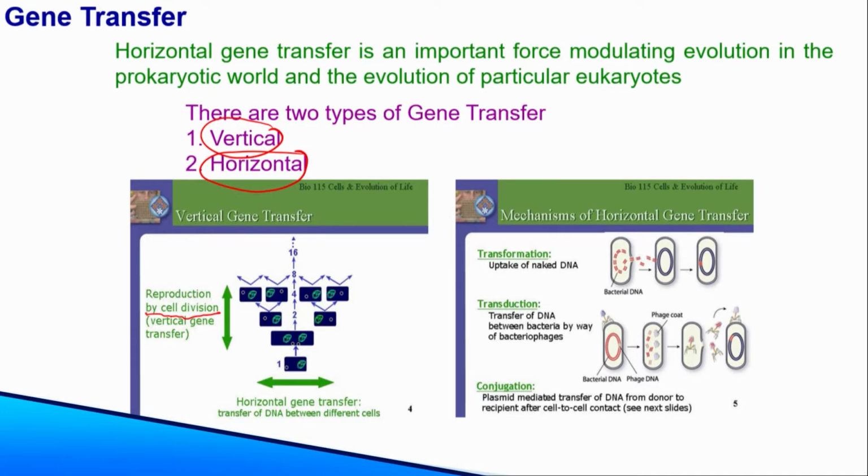But in horizontal gene transfer, there are transformations, transductions and conjugations, and this is an important force modulating evolution in the prokaryotic as well as the eukaryotic world. So, that means these cells are continuously exposed to different types of chemicals or chemical signalings.